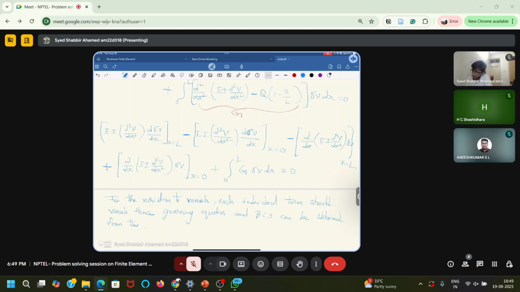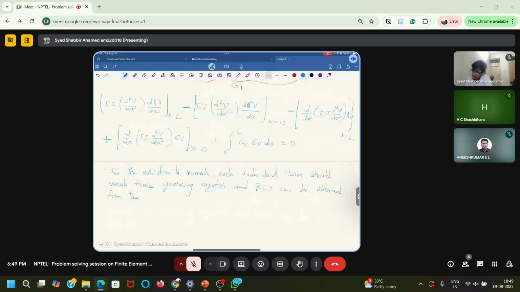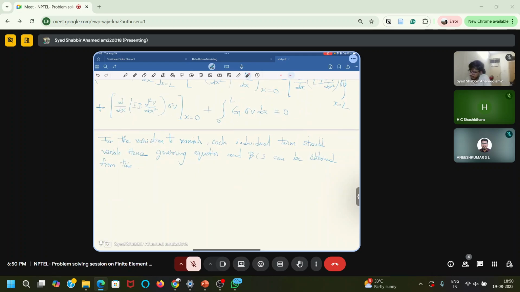So if I want only this to be 0, as I said, each individual term should vanish, so this should become 0. For this integral to become 0, if δv is varying arbitrarily, the only way is g equals 0.